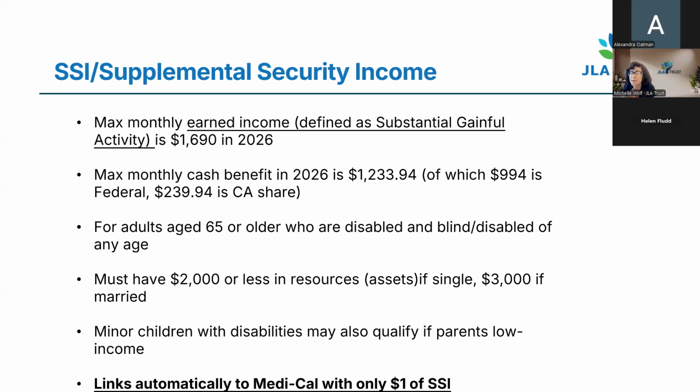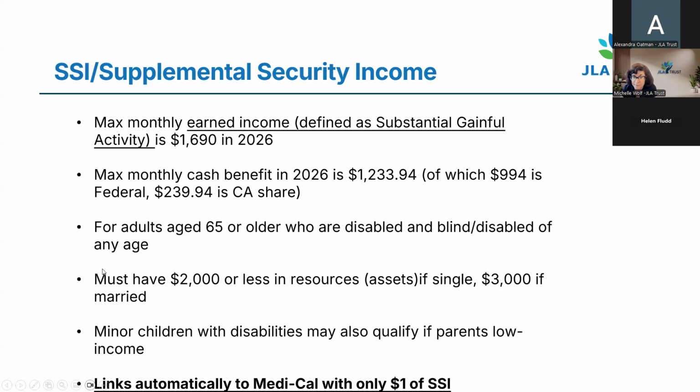You can, but you do have your SSI reduced 50 cents on the dollar after the first $65 is exempt. In California, the maximum cash benefit in 2026 is $1,233.94. And almost $1,000 of that is from the federal government, and the rest is from California.